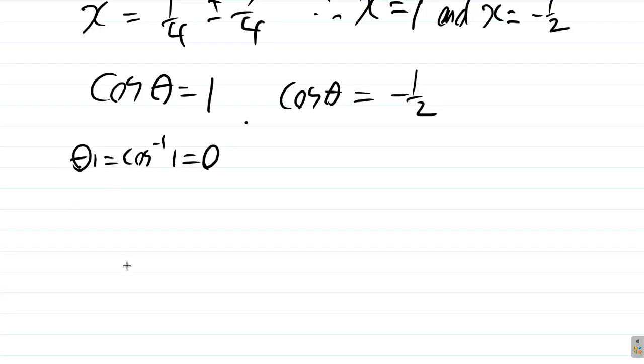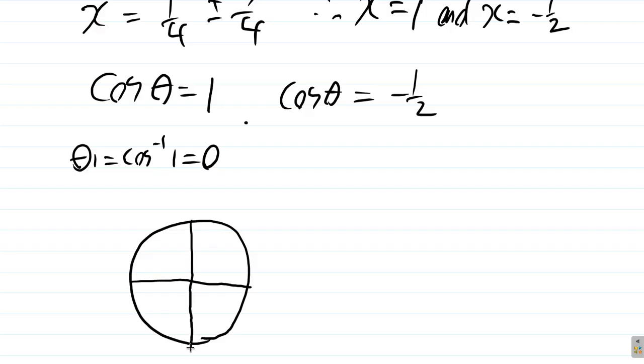So call it theta 1 equal cos inverse of 1 equals 0. Now, if you draw your unit circle, have your 4 quadrants. Cos is adjacent over hypotenuse. You have 0, 90 degrees, 180 degrees, 270 degrees, and back here is 360 degrees.